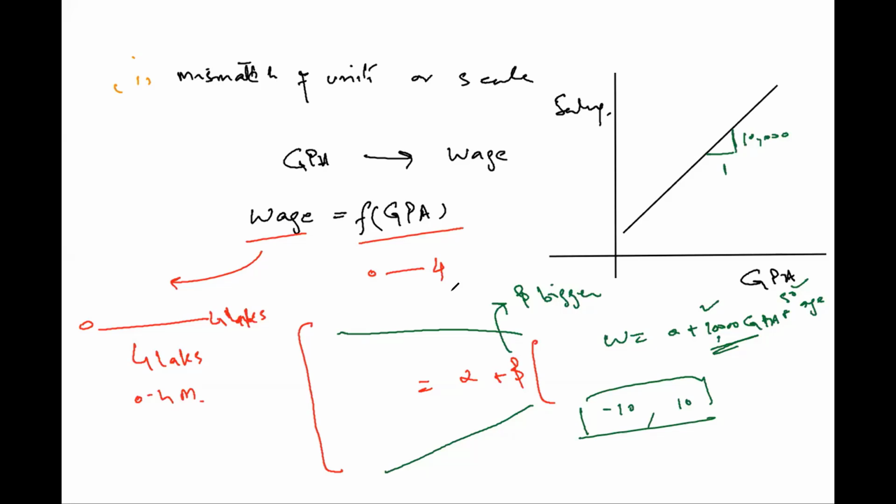Okay, so this is for the units. Let me give you a reverse example. Suppose we say that the income of the family is explaining GPA.